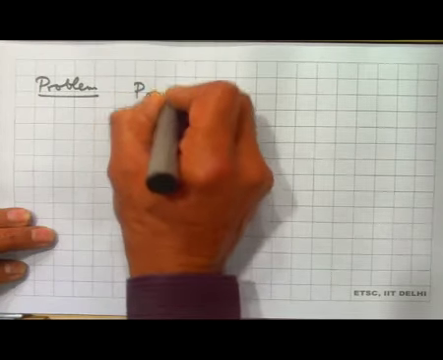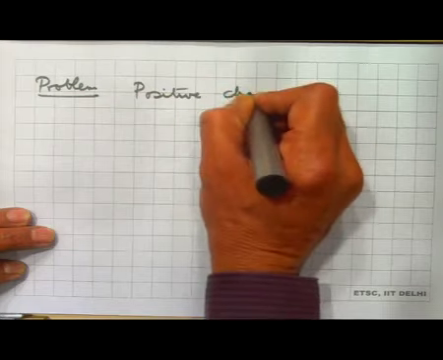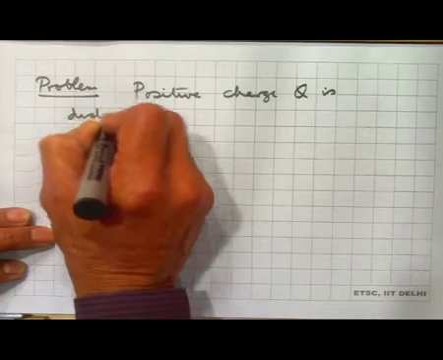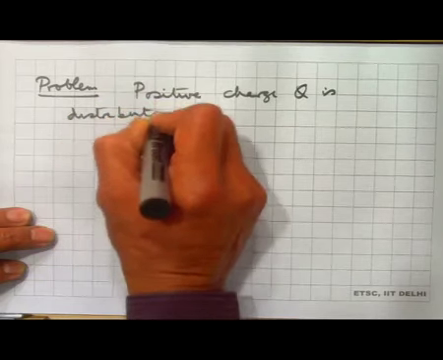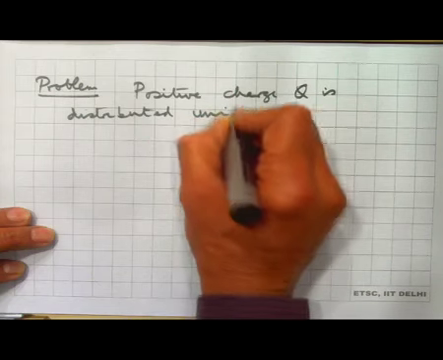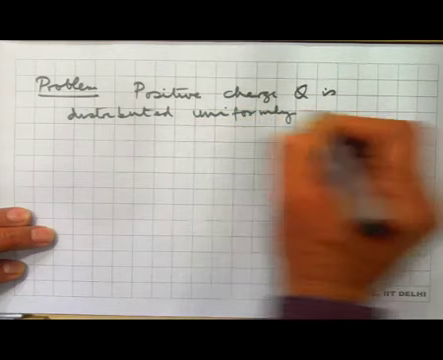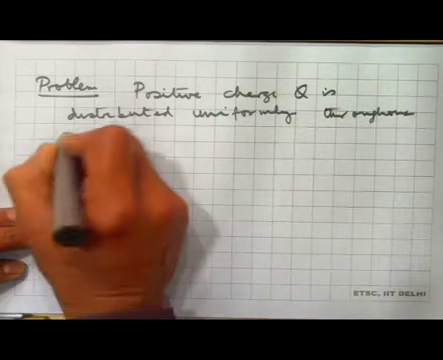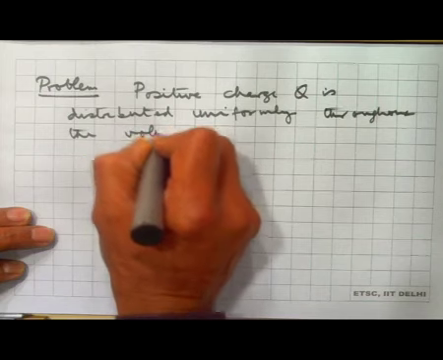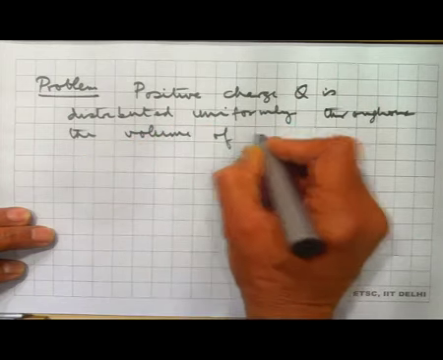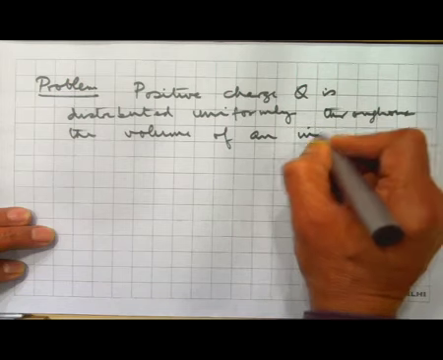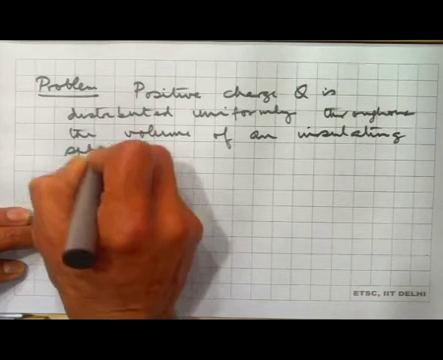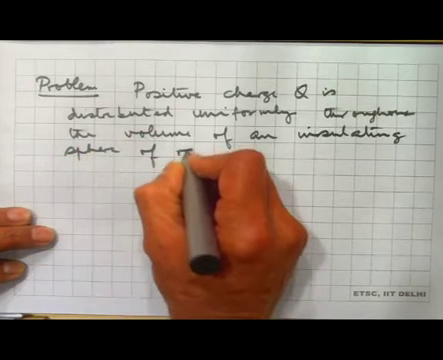Positive charge Q is distributed uniformly throughout the volume of an insulating sphere of radius r.